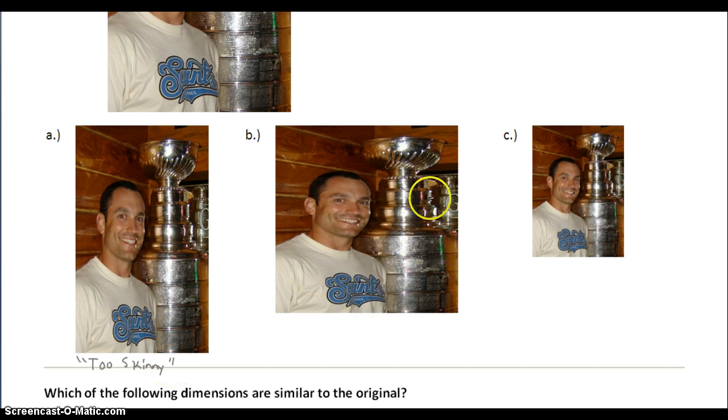If you look at photo B, after it's been resized, this person looks too fat. But if you look at the third photo, the way it has been resized is just right. So the photo that's similar to the original is C.